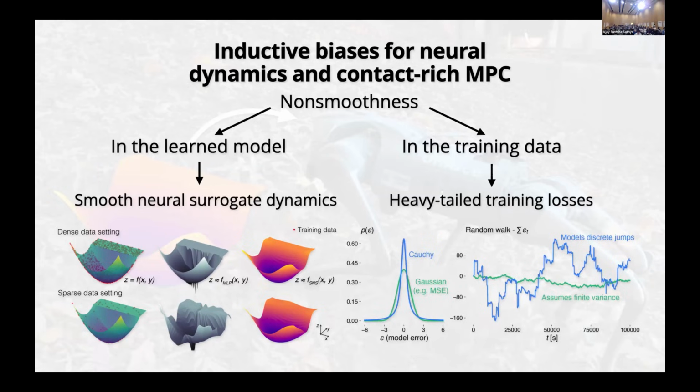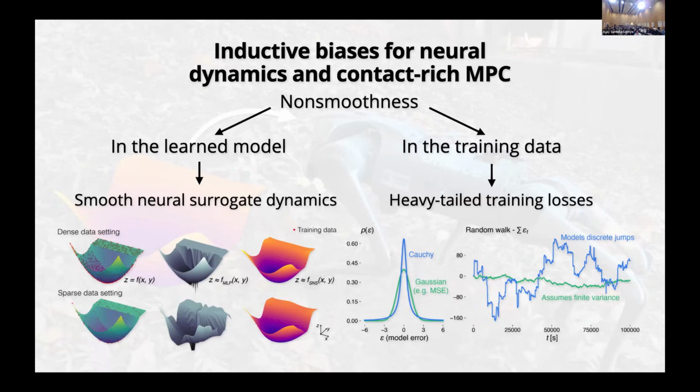Secondly, we address non-smoothness in the training data by revisiting our assumptions with the loss function. Typically, if you're trying to learn dynamics with any sort of supervised learning, you'll probably gravitate towards Gaussian negative log likelihood or mean squared error. But we noticed that the error residuals, especially in the legged robot cases we looked at, were much more closely Cauchy distributed as opposed to Gaussian.